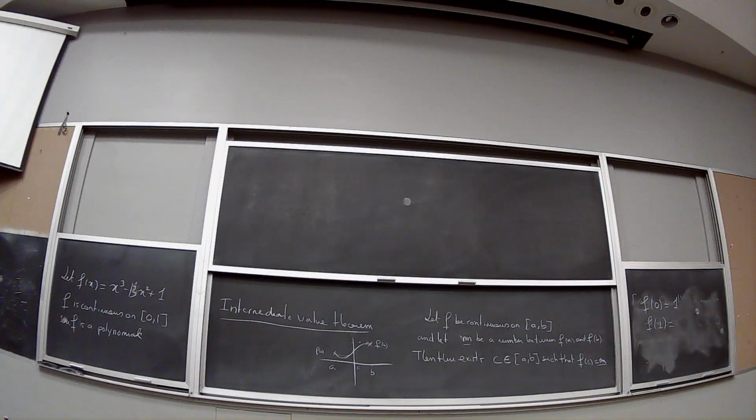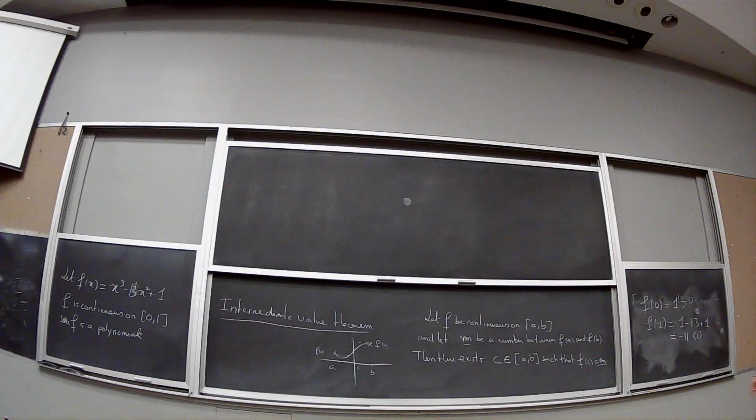It's 1 minus 13 plus 1, which is minus 11. Now f of 0, is it positive or negative? Positive. F of 1 is positive or negative? Negative. So does 0 lie between f of 0 and f of 1?